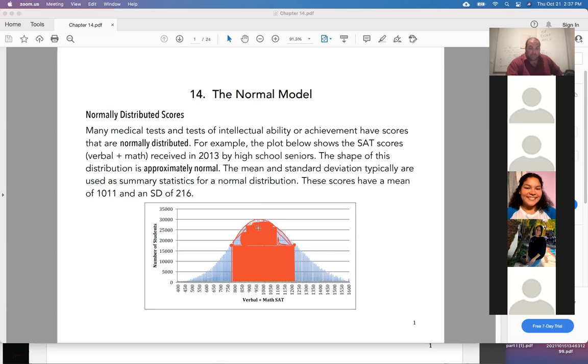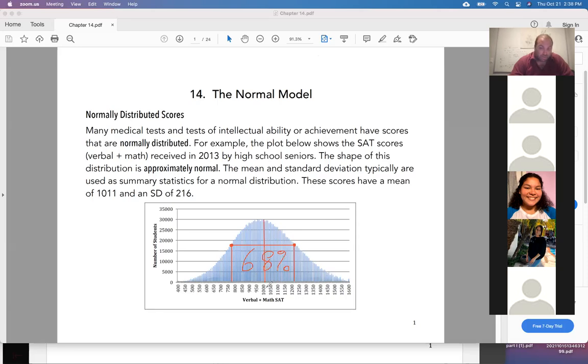But the answer is that if I want to go 1 deviation in either direction, that's going to cover about 68% of all of my data points. 68% is 1 deviation in either direction. So it's from this number here to that number there. That contains 68% of my data.